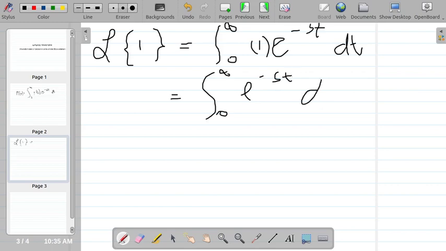Any variable multiplied by 1 is just the variable itself.